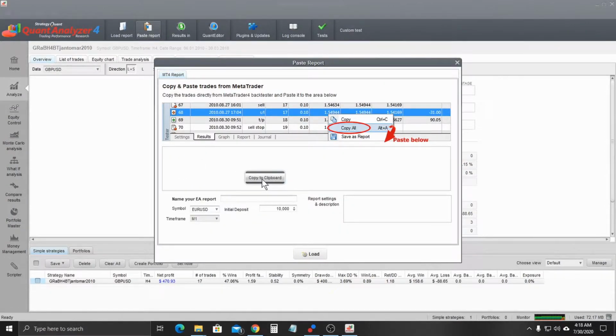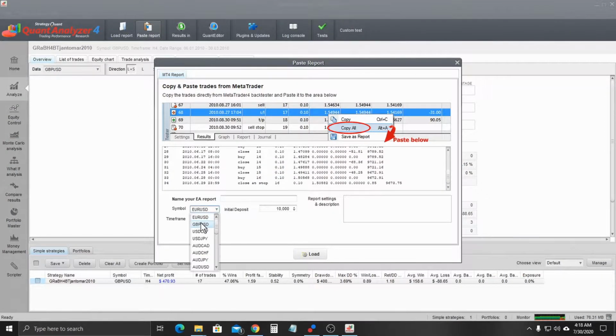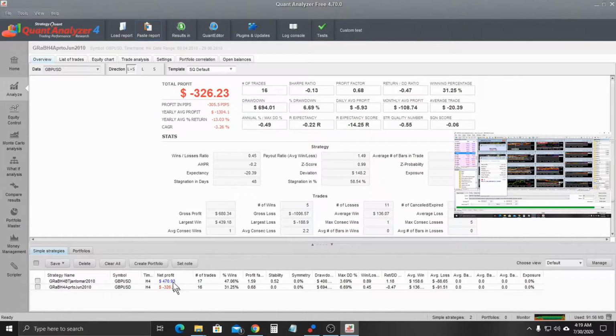Let's paste that in here. 4 hour, and GRaB. And go. All right, so there you go.